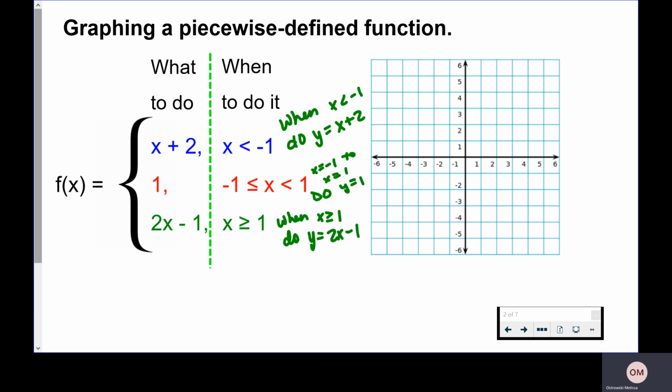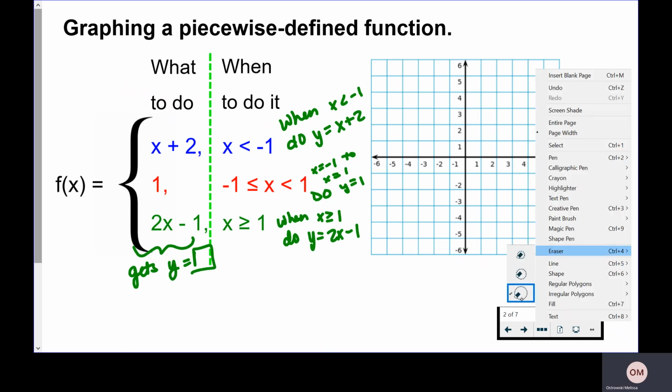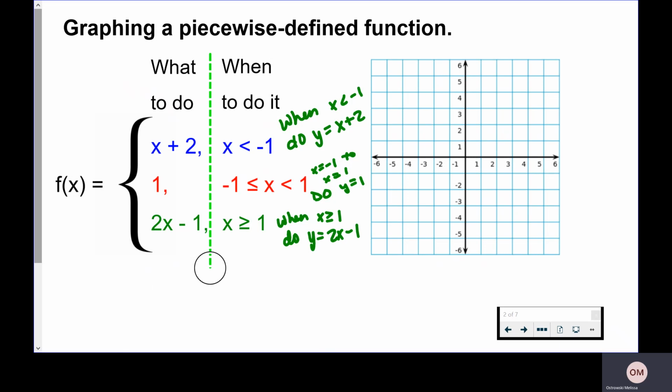So the right side tells you when to do something, and the left side tells you what you're doing. This gets the y value. That's your y equals. I feel like that sentence doesn't really make sense. I'm going to erase that. But this produces a y coordinate. This is your x coordinate.